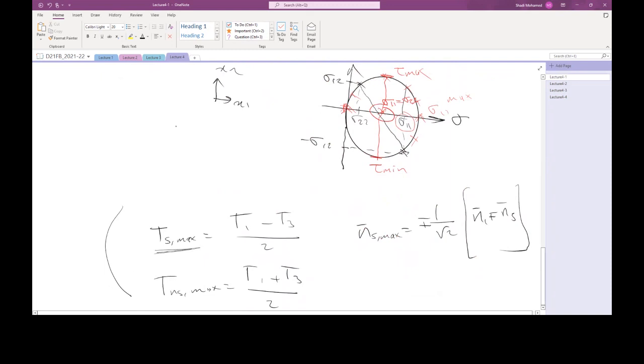So the maximum shear stress is going to be T1 minus T3 divided by 2. And on the same plane, I have some normal stress. This is T1 plus T3 divided by 2. And if you are interested in the direction, then this is the direction. Okay, so let us use this set of rules.